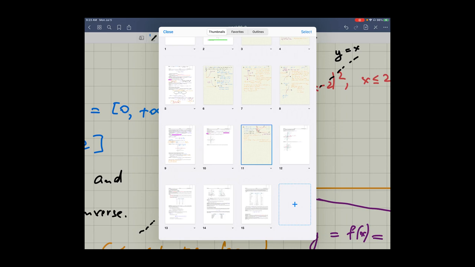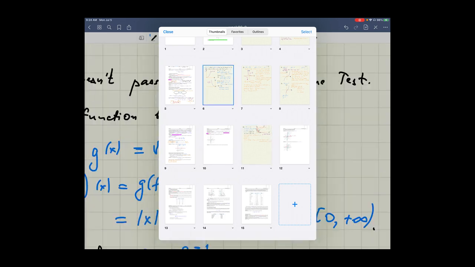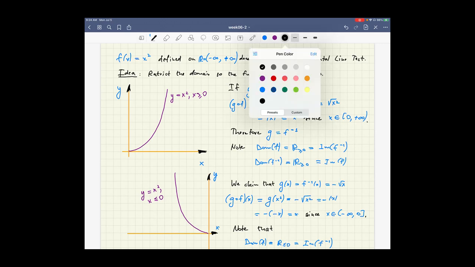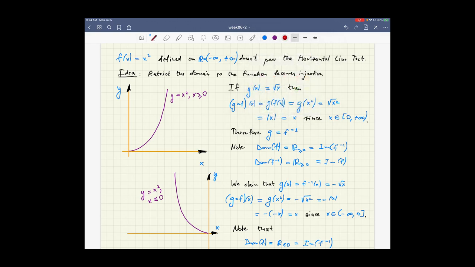For instance, for the graph of x squared restricted to the non-negative real numbers, the inverse function was, as we established, square root of x.